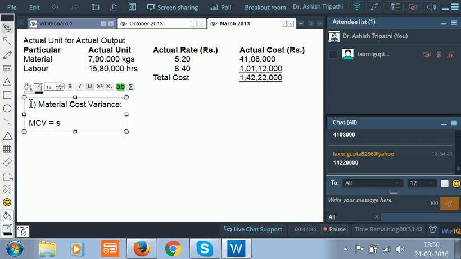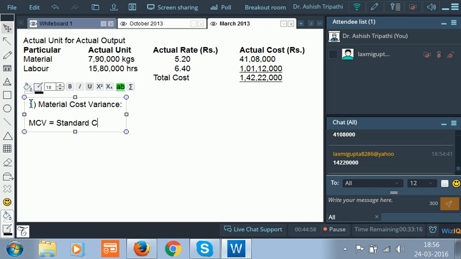A very simple formula for material cost variance, that is equal to, there are ways to see, you can say standard quantity into standard rate minus actual quantity into actual rate. Otherwise directly you take standard cost minus actual cost.